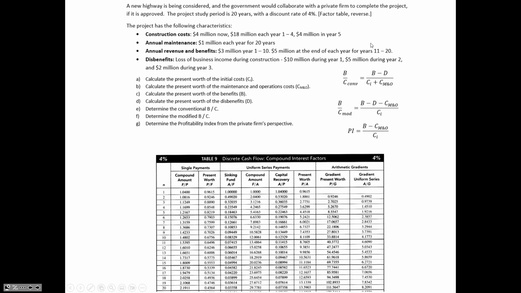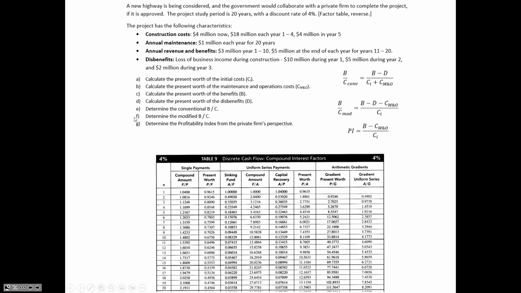I think what I did was I took everything to the present and then started putting it into the conventional and modified ratios. I've taken off the profitability index from your in-class exercise paper here, so you're not going to need to do part G that's shown on the screen.